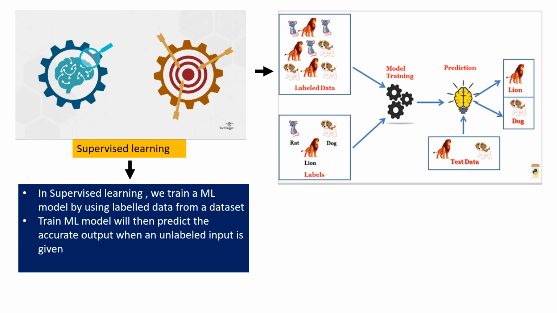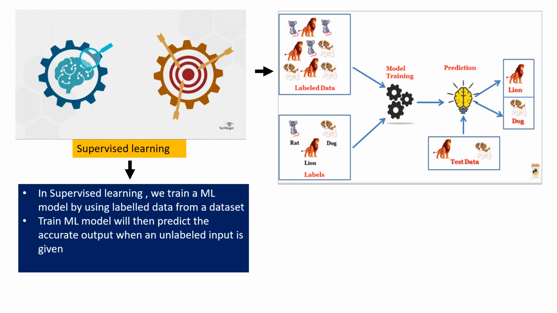Now, after showing hundreds of pictures of animals including lions, horses, cats and dogs to a child, when we show a picture to test whether a child or a computer can predict what kind of animal is in the picture, he will predict correctly whether the animal in the picture is a lion or a dog or a cat or a rat or anything else.